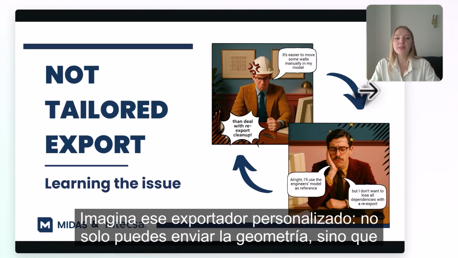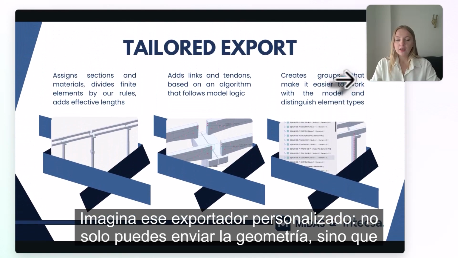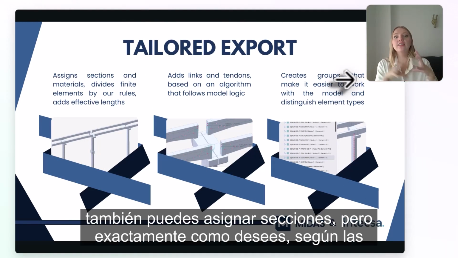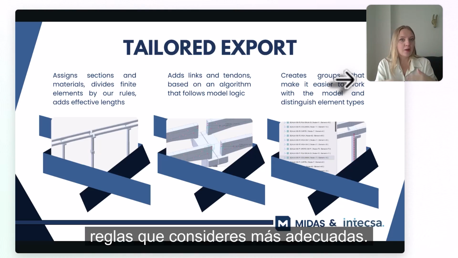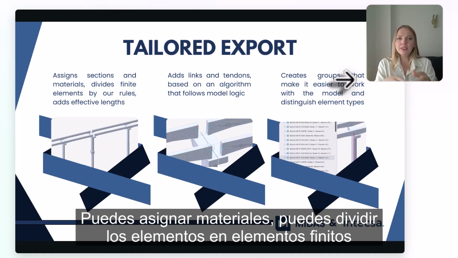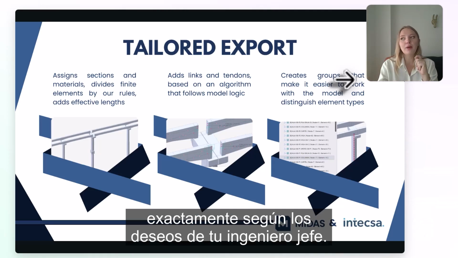So let me explain what exactly I mean. Imagine that in a tailored export, you can not only send the geometry, you also can assign sections, but exactly as you wish, by the rules that you think are better. You can assign materials, you can divide the elements into finite elements exactly as your lead engineer wants.